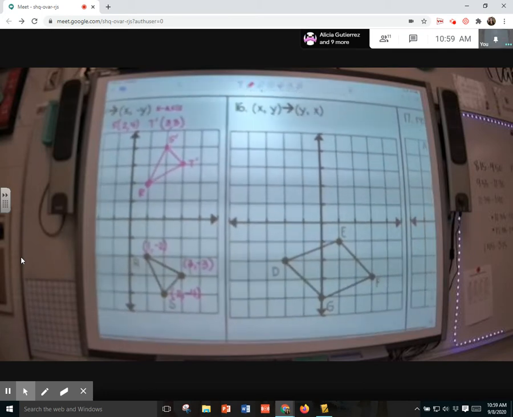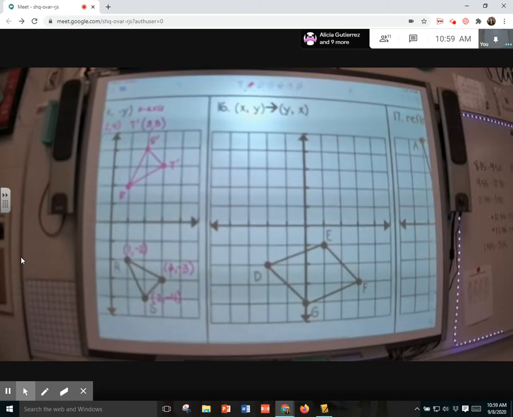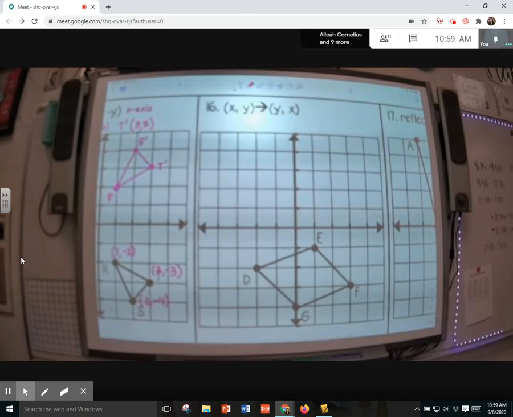Okay, looking at number 16, we have x, y goes to y, x. So what is that reflecting over when they switch places like that? Y equals x. So I'm going to start with D. D starts at, what is that point? -2, -2.